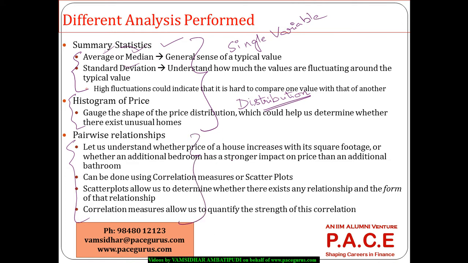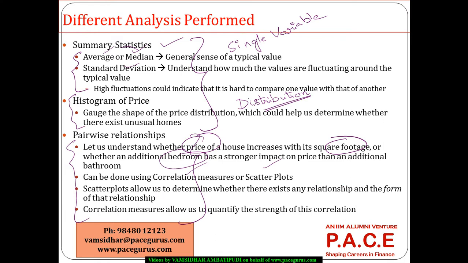And then I can do it in pairs. Probably trying to look at the price versus the square foot. Is there any kind of a relation? Or price versus the bedroom, price versus the number of bathrooms, is there any kind of relation? So that kind of pairwise relationships I can try to identify, and I am doing that with some tools like correlation, scatter plots, etc. Right, we'll talk about each of them in detail.